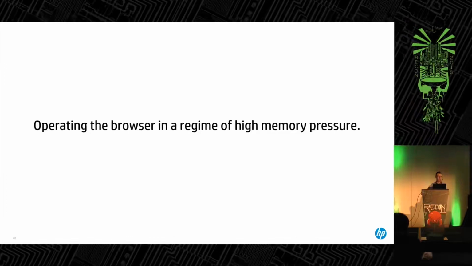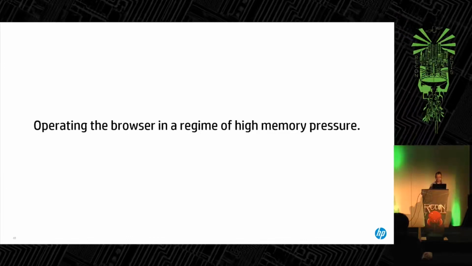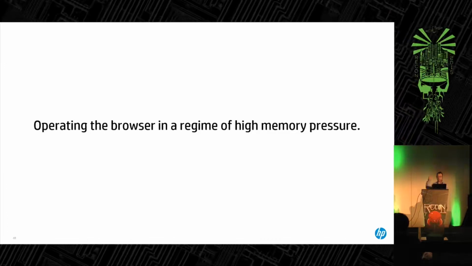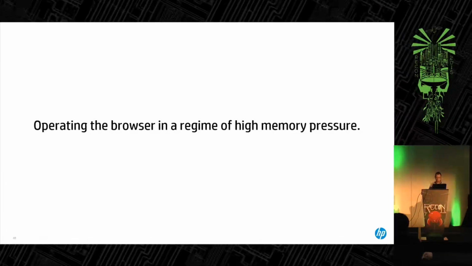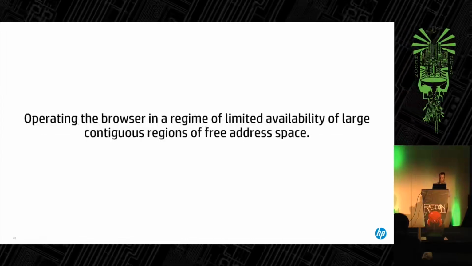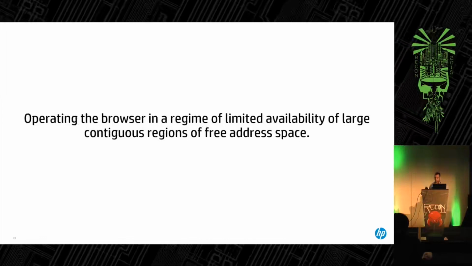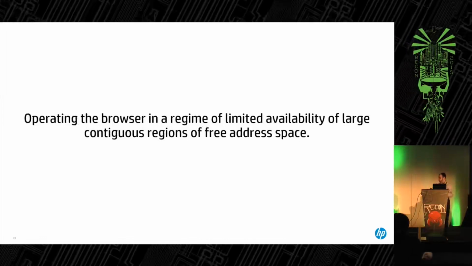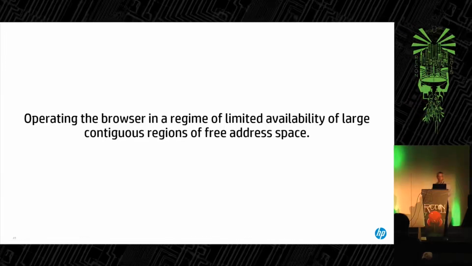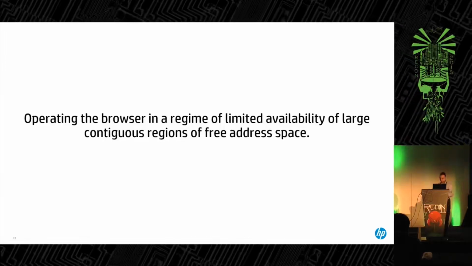Also, it's not the aggregate amount of remaining address space that matters. It's whether a large enough contiguous free region can be found. So let's refine our idea as follows: operating the browser in a regime of limited availability of large contiguous regions of free address space.